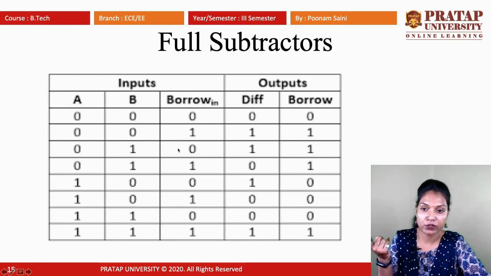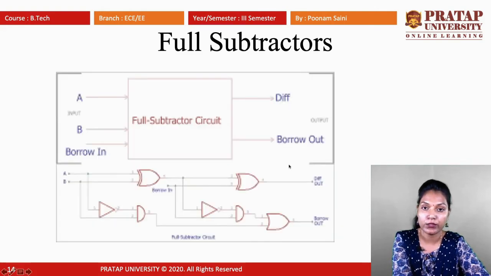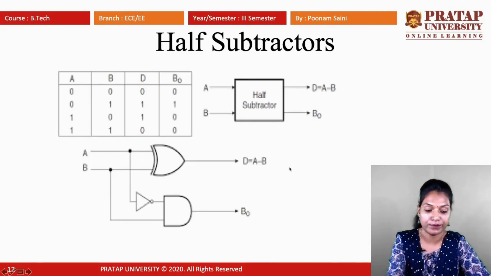Then 1 minus 0 will become 1, and earlier the borrow should be 1. Similarly 0 minus 1, the difference is 1 but the borrow should be 1. Then 1 minus 1 will become 0 but the borrow should be 1. You can just check it with the diagram of this.